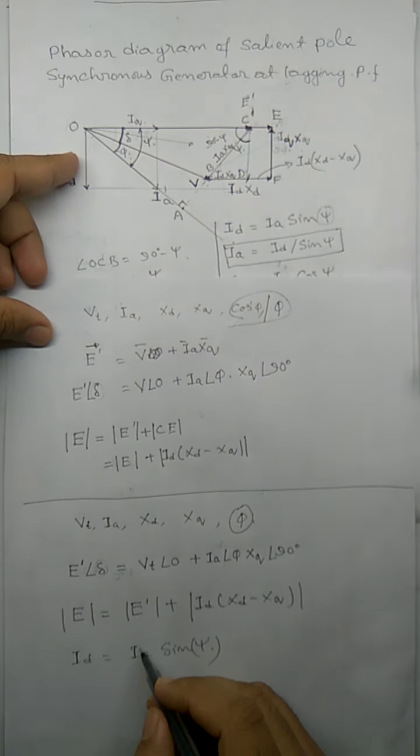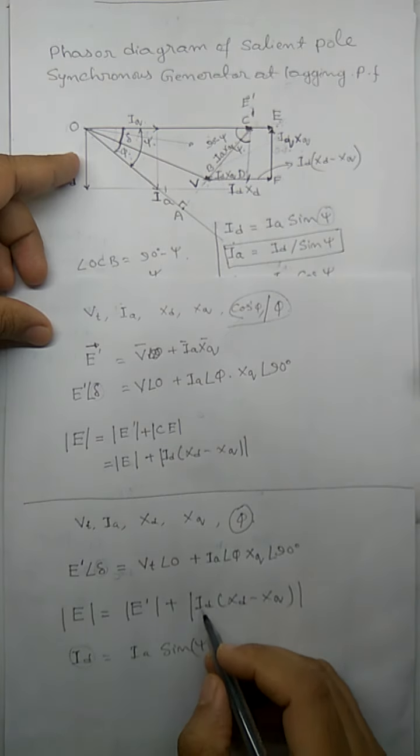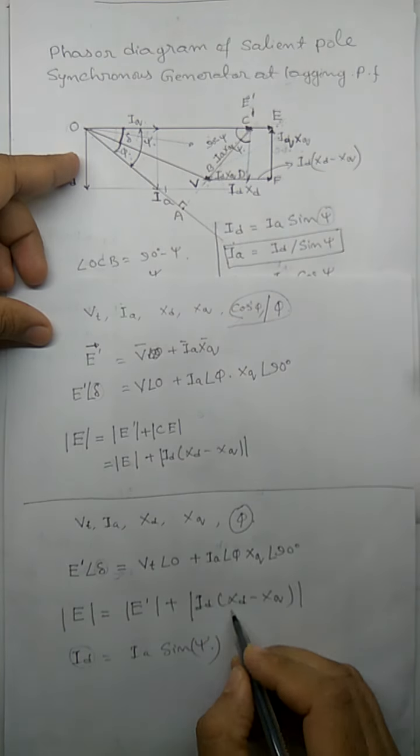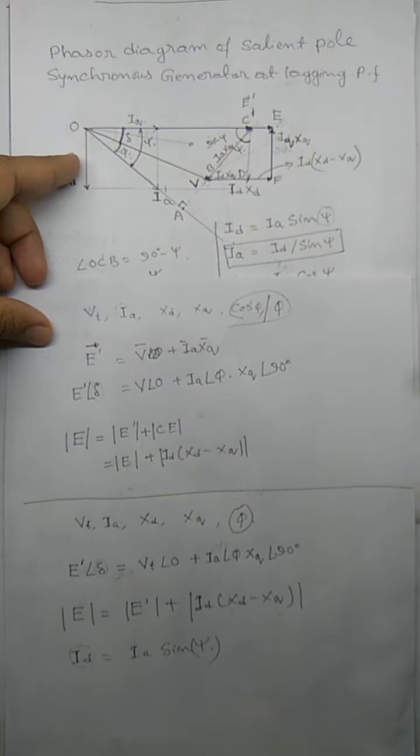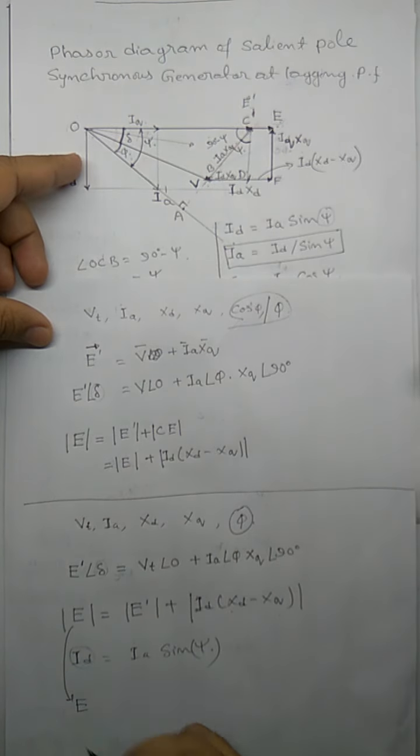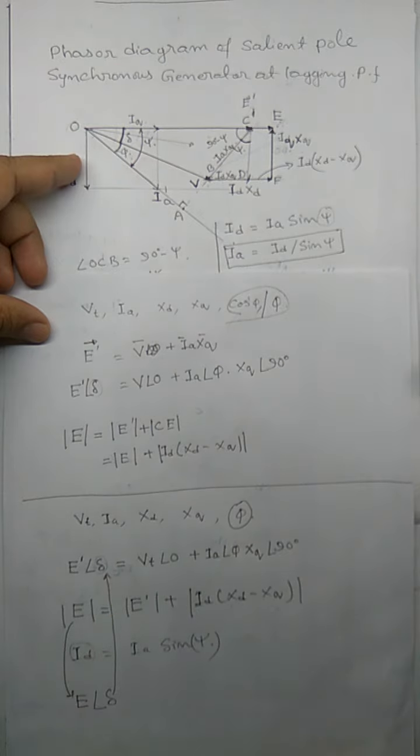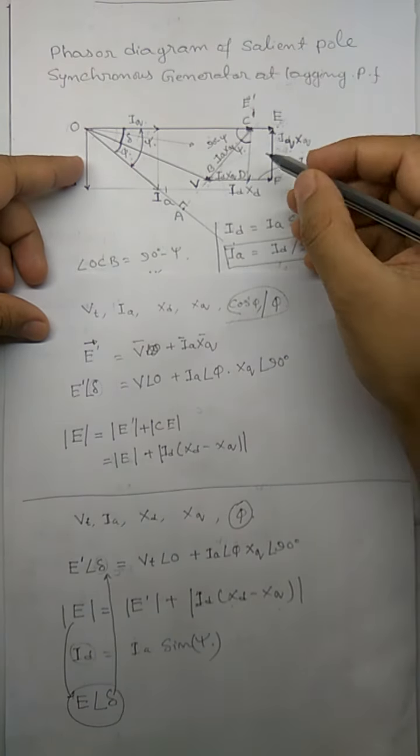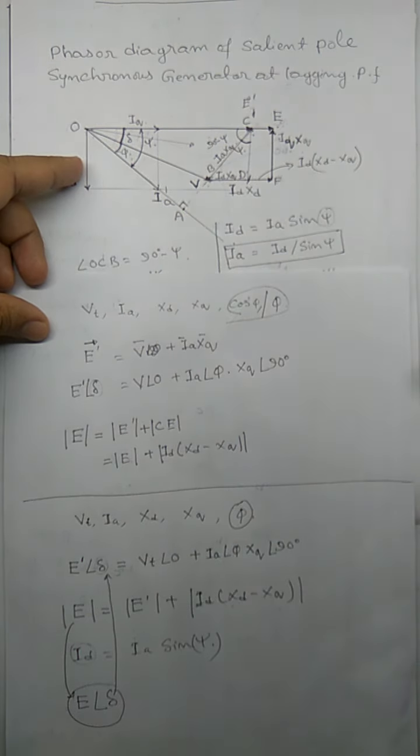Once you find psi, Ia is given, so Ia sin psi will be ID. If you substitute it here, XD and XQ are given, so then you can find the magnitude of E. So what is the final result? The magnitude of E, we will have it from here, and the angle of E, we will get it from here. So this is our E that we want to find. We will do a numerical in the next class, and then things will be much clearer. Thank you.